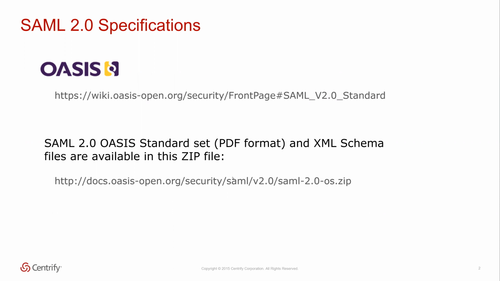And for the whole set of specification documents, this is the link to get the zip file, which contains the specifications themselves, the different areas, as well as the XML schema used behind the format. This link is also on the website. So whenever you need anything, you can ultimately go back to that to get the specifications.